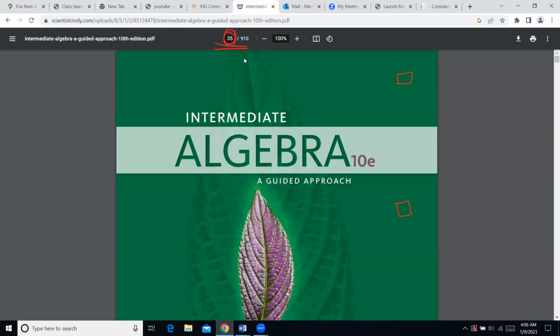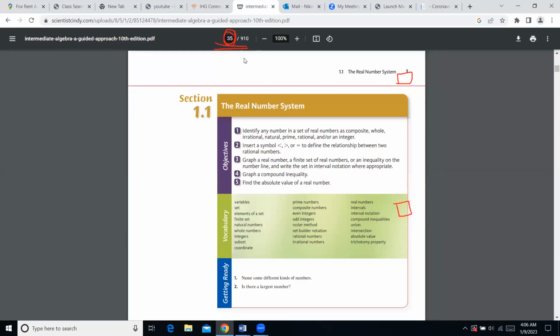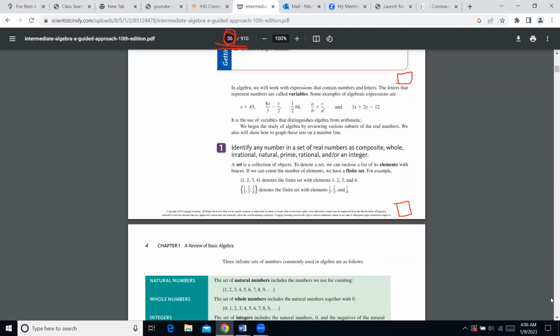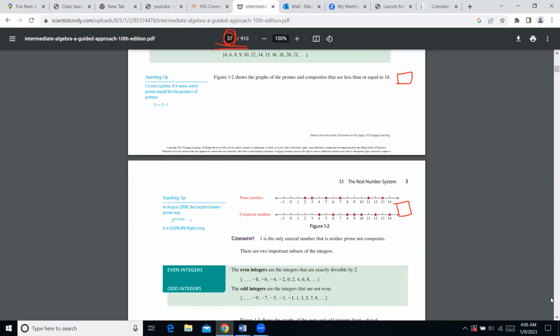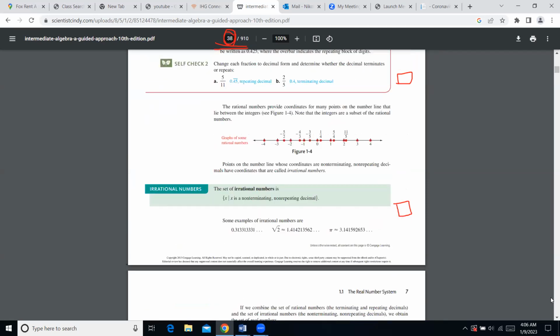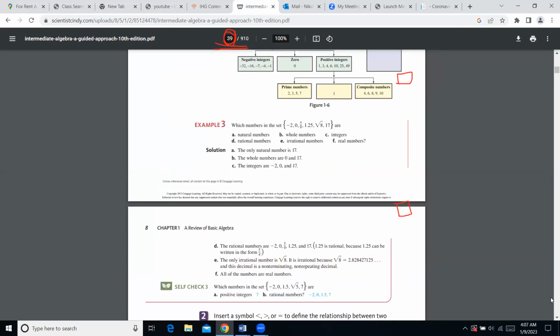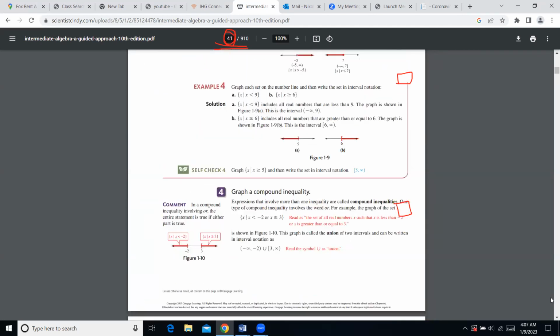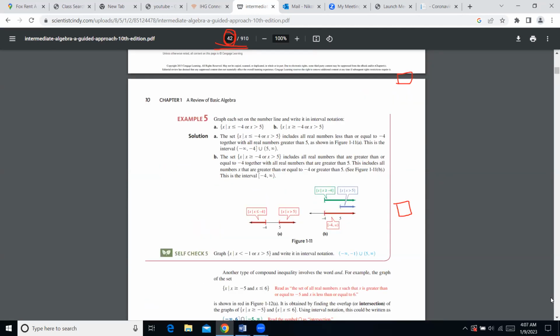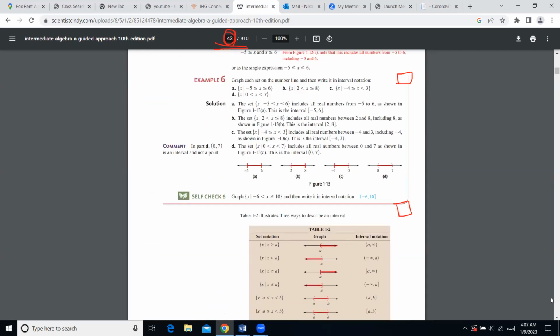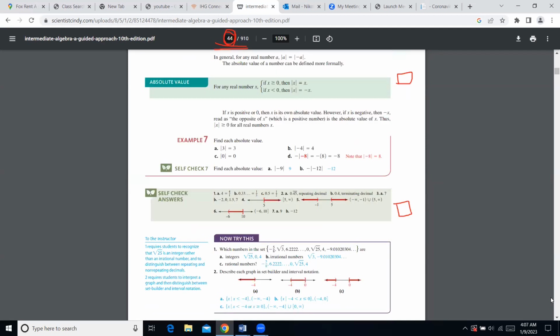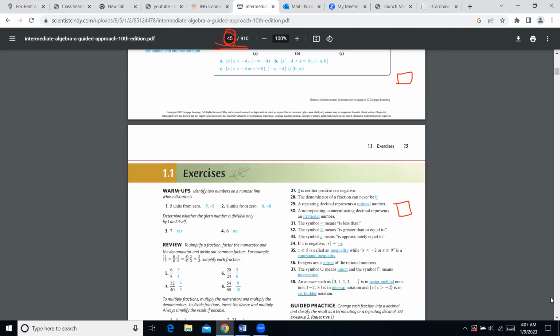So just type 35 on the top, and once I hit enter, I'm pretty much where I needed to be. Since the textbook is free, not everything is so nice, right? So what you want to do is just add 32 to every page that you need to get to. I guess it's not that hard to remember.